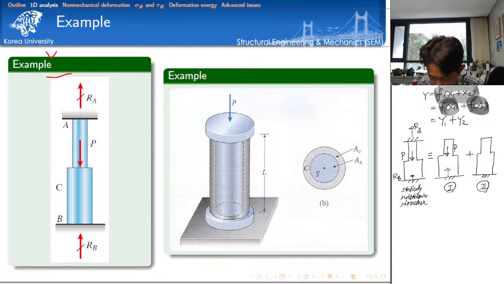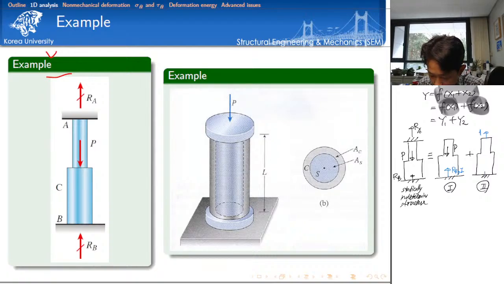This reaction, we would like to call it the reaction at point B, but for system 1. And then here we want to consider a unit load, unit load 1, because we don't know the magnitude of the reaction.